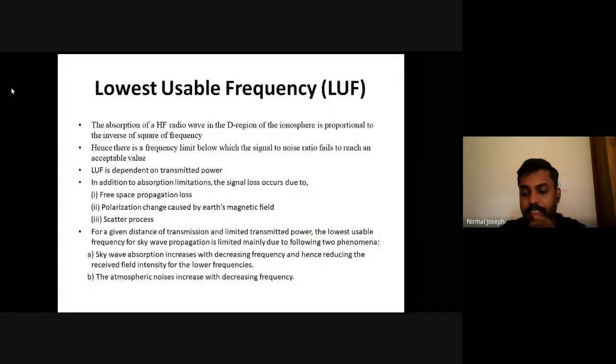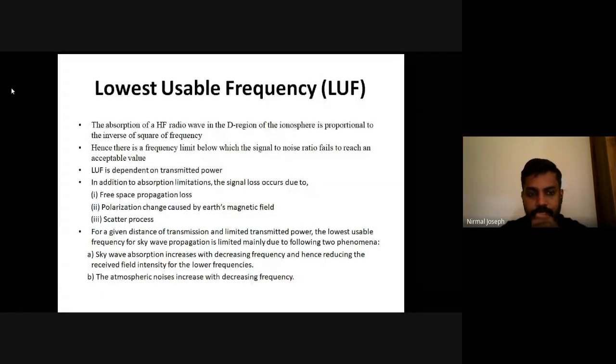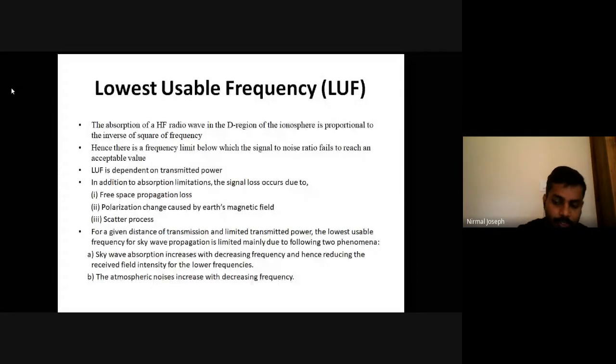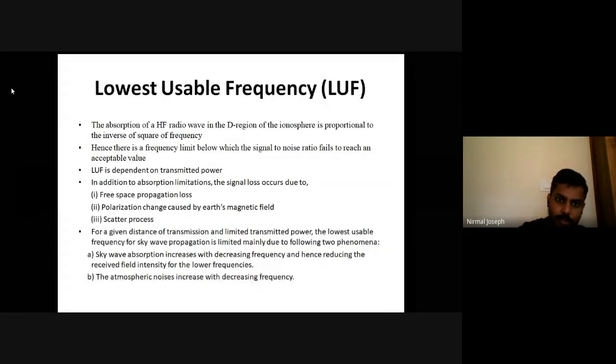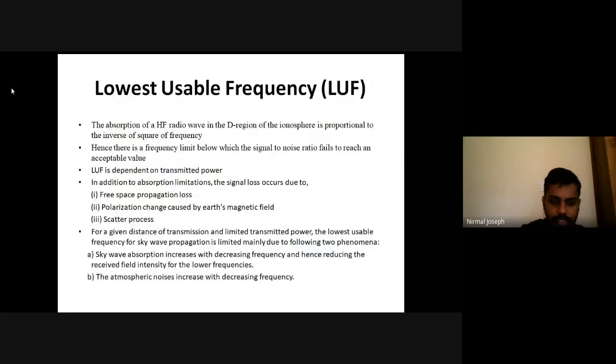It does not imply that it is a high frequency we are using in the ionospheric propagation. We classify frequency ranges into low frequency wave, medium frequency wave, high frequency wave, very high frequency wave, ultra high frequency wave, like that. We use high frequency, very high frequency, and ultra high frequency waves in ionospheric communication, and in that, the lower frequency will be the high frequency wave. In that sense, we are using the term high frequency wave.